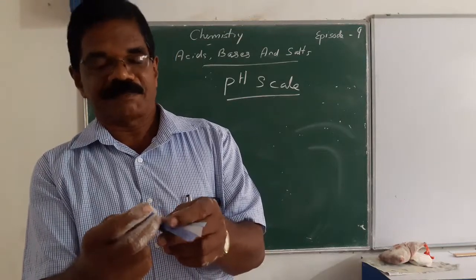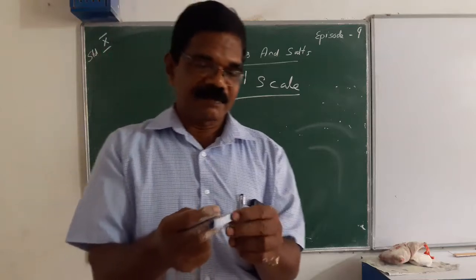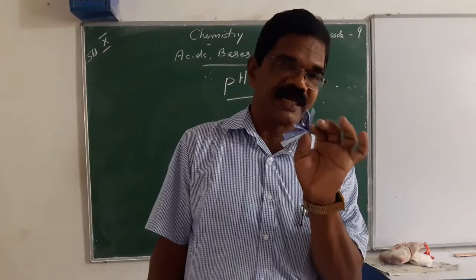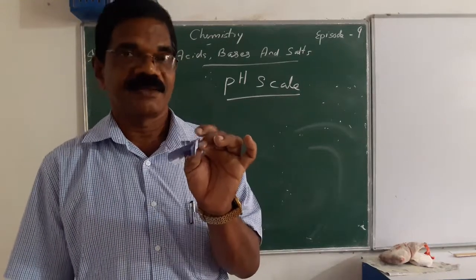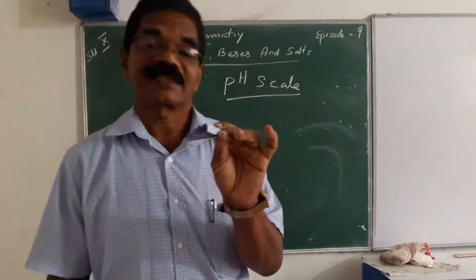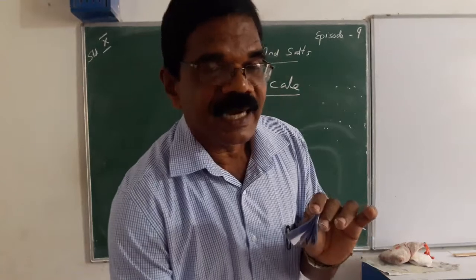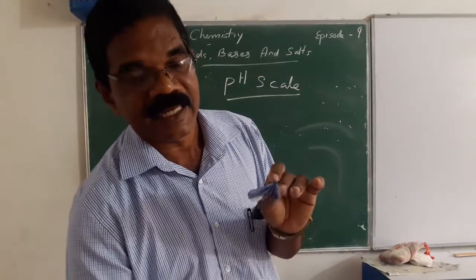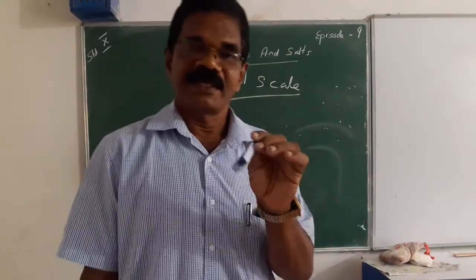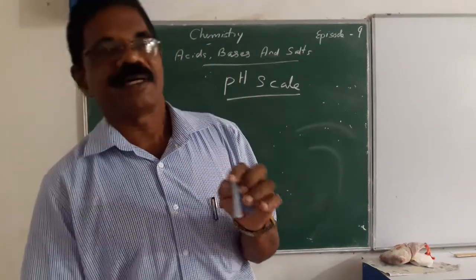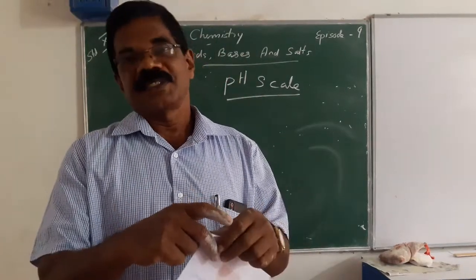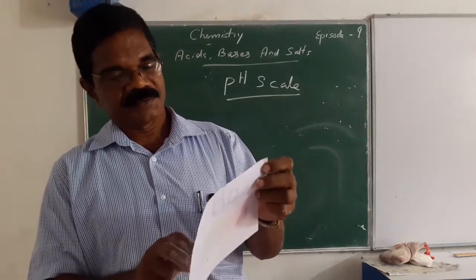While purchasing the universal indicator, we also get a color chart. In the color chart, the readings start from 0 and go to 14.